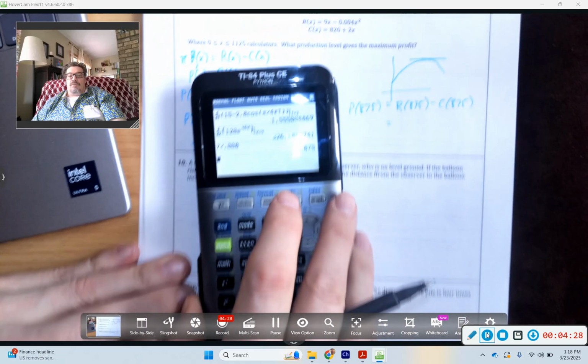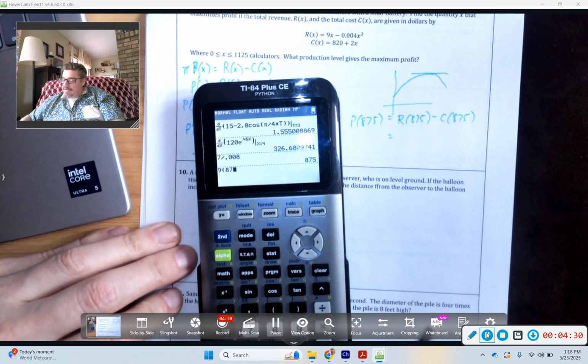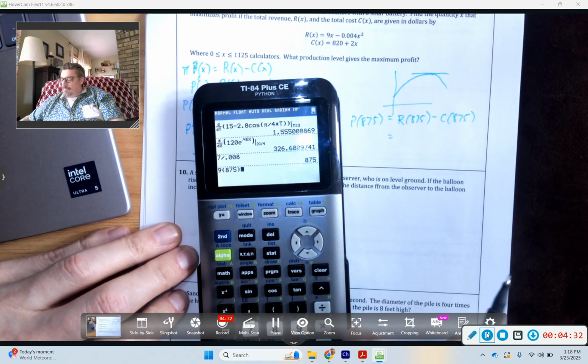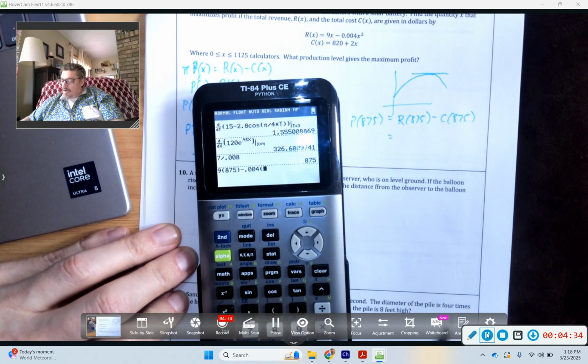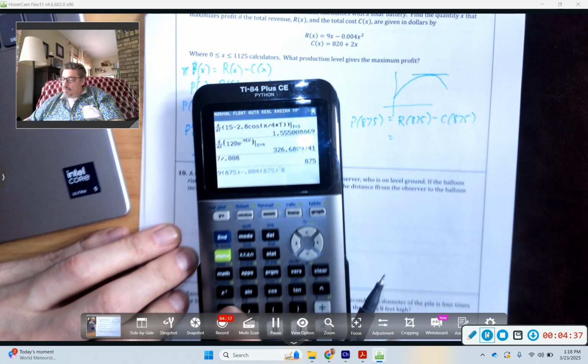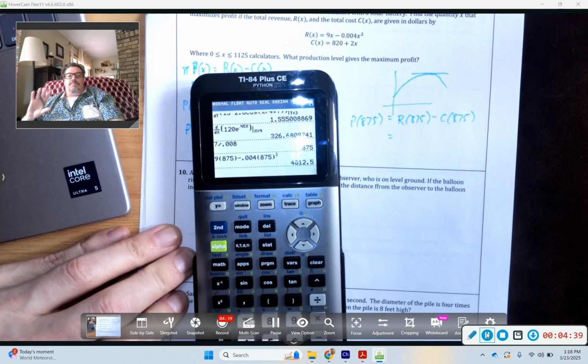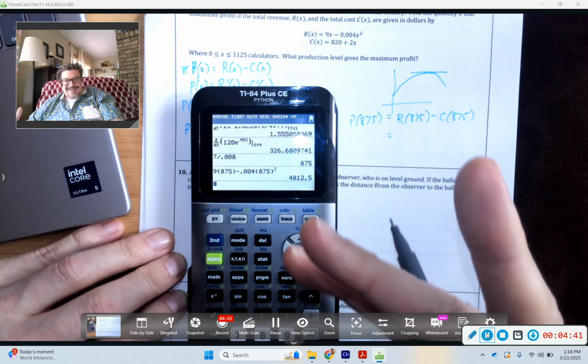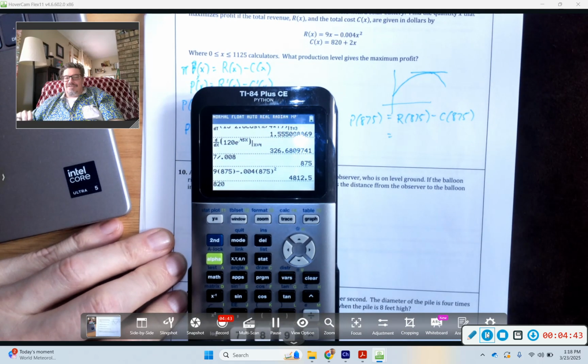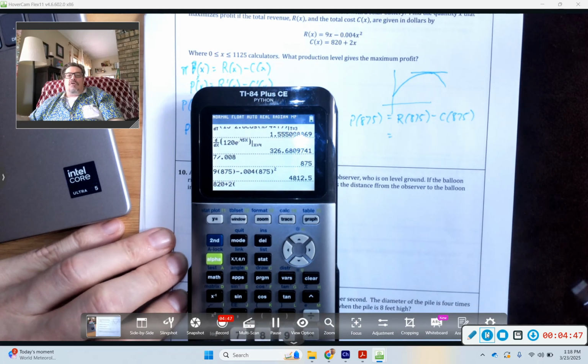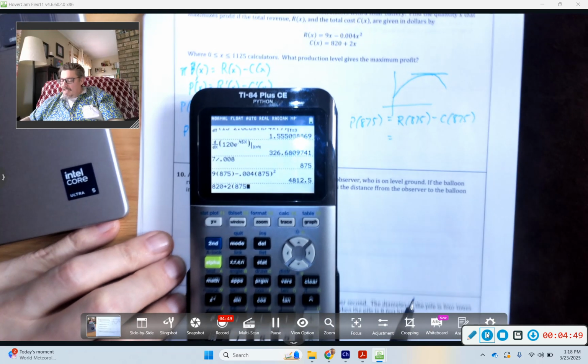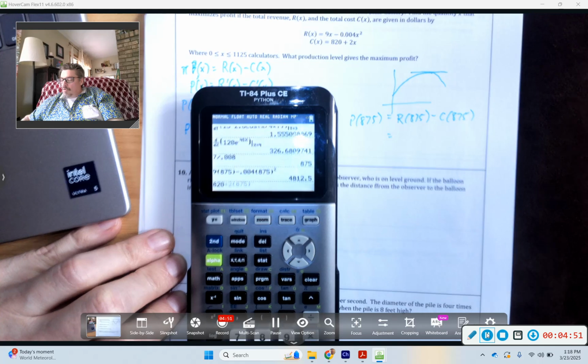Let's figure that out real quickly here. 875 minus 0.004 times 875, but we're going to square that. Let's get the profit. The cost is 820 just to get the machines operating, or labor costs, whatever, and then we're going to get that 2 for production.